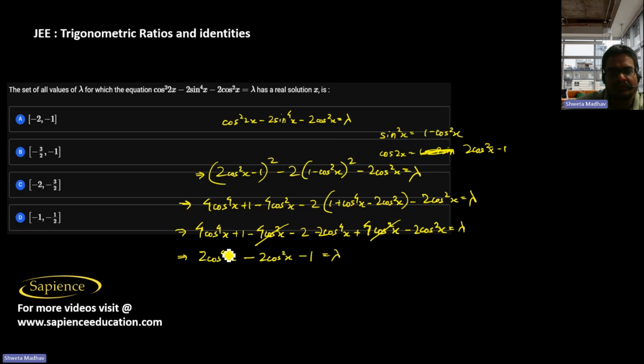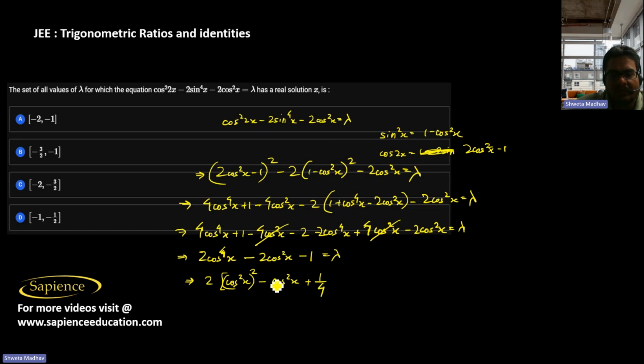So it should have a real solution. So now we can write this as 2 cos square x, so this will be 2 into cos square x whole square, minus cos square x, and we need plus 1 by 4.